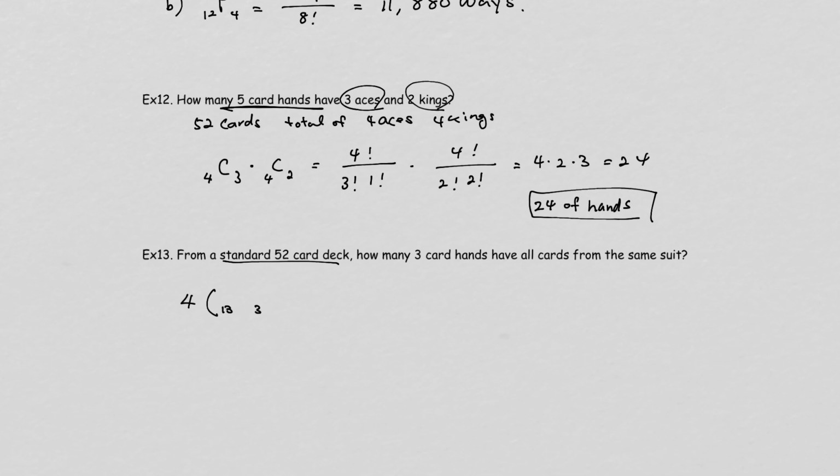They're talking about 3 cards in a group, so this is another combination. So it will be 4 times 13 factorial over 3 factorial times 13 minus 3, which is 10 factorial, which is 4 times 286. It gives you 1,144 ways.